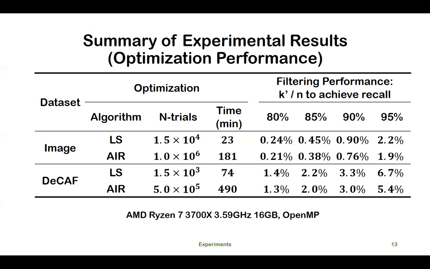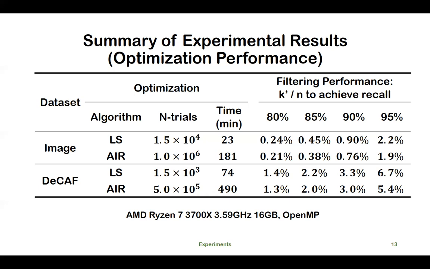AIR, like normal simulated annealing, needs to increase the number of trials to get a good solution. For the image dataset, we have been able to obtain fairly good pivots in 1 million trials. Since the DeCAF data has a higher dimension than image, the width of the sketch is as large as 22 bits, so filtering by enumeration is a little slower.